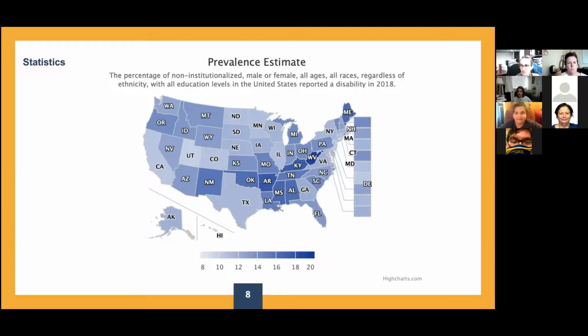So more of an aging population, if you look across the United States at the average age, which then comes with acquired disabilities, arthritis, hearing impairments, chronic health conditions, and things like that, that would factor in.